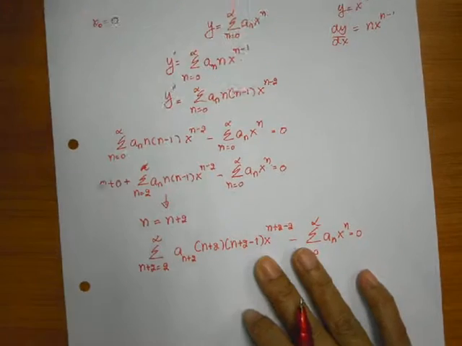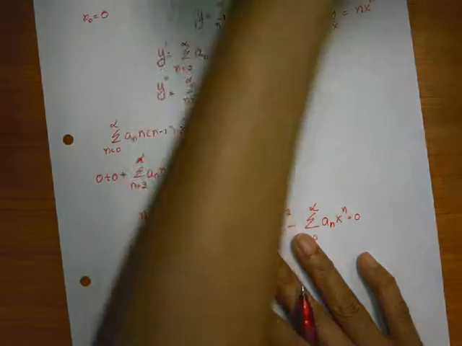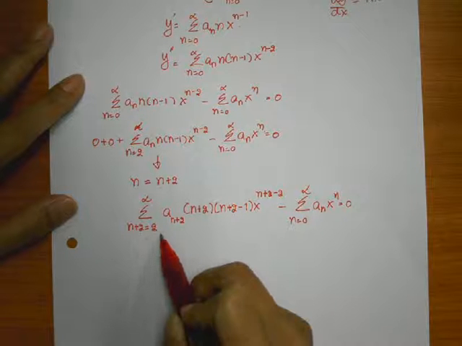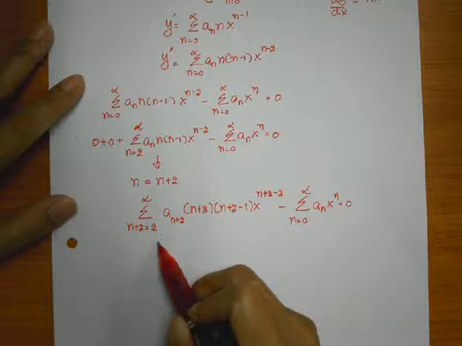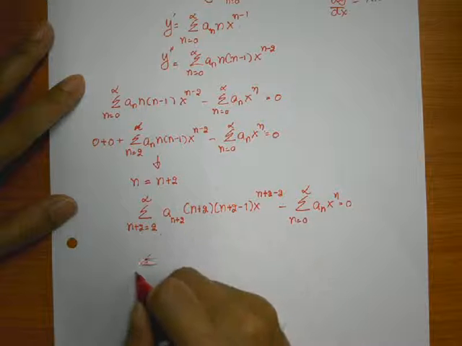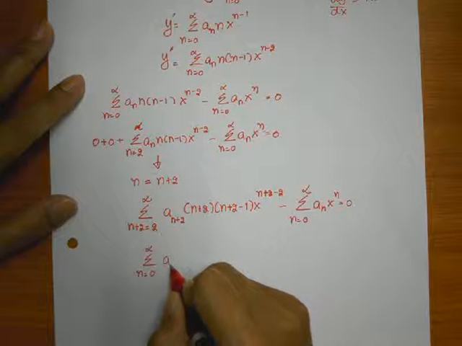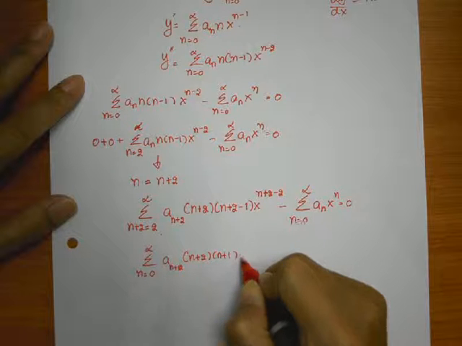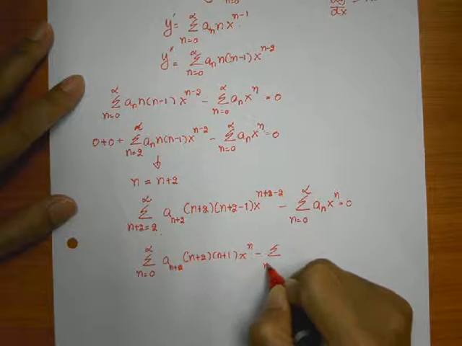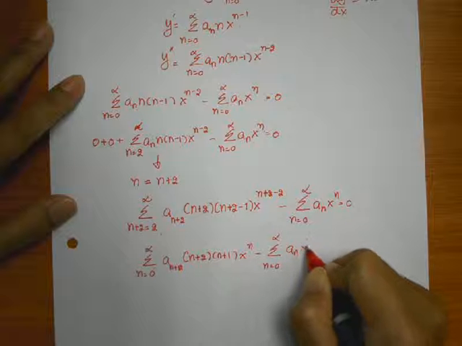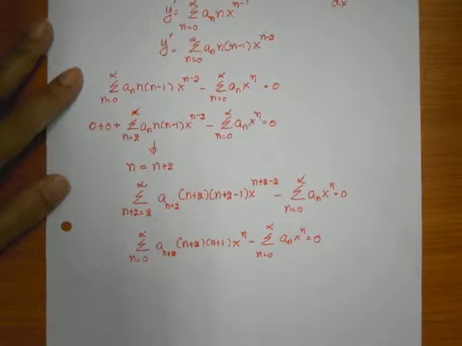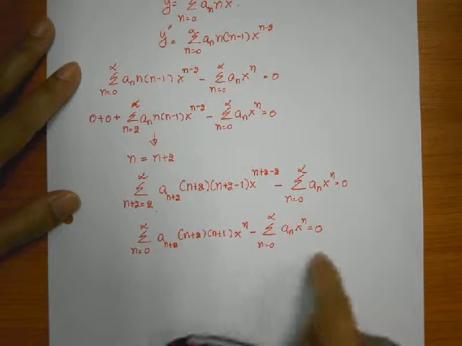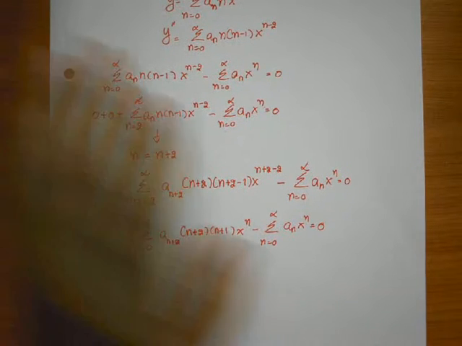And then this one, n plus 2 equal to 2, then n equal to 0. Now, these two terms, can you do the summation of that?